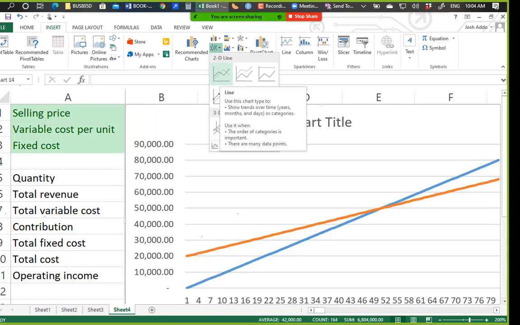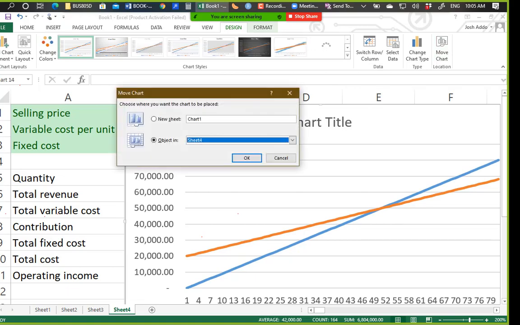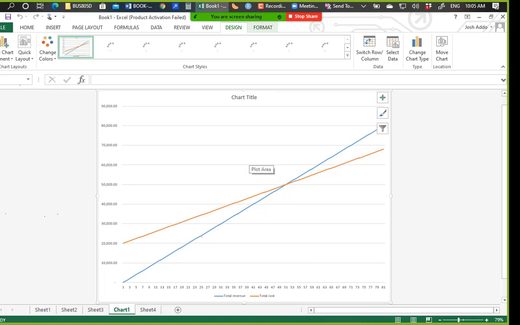Okay. So you see something like this. Let's do it one by one. So let me move it to its own chart sheet. All right. So this is how they compare. So you see the legend, total revenue is the blue line and total cost is the, let me call it red line, even though it's not red.